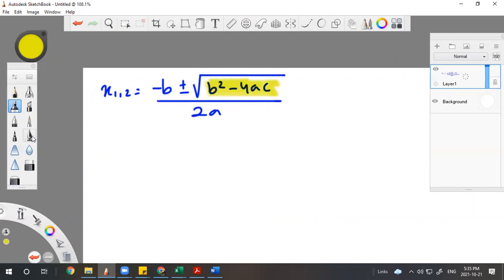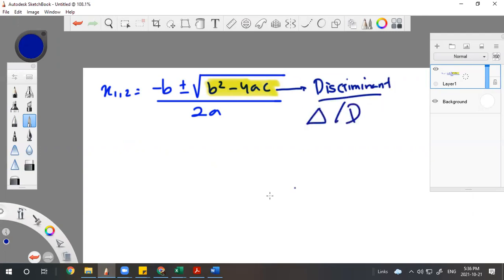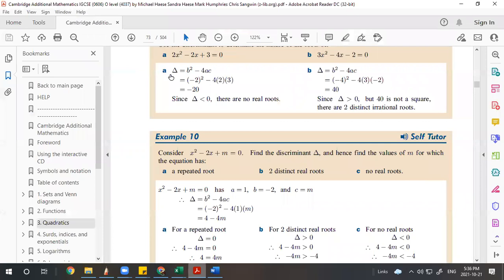What is the discriminant? The etymology of discriminant is discrimination, right? Don't discriminate against other people, for example someone of a different race from you. So this is called discriminant: something that makes a difference. It is called delta or D. In your book, we use delta.